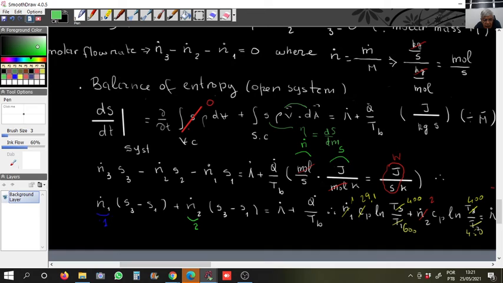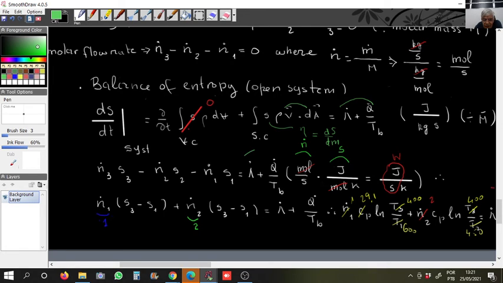Now I will apply this here. This is 0, but this is not 0. I have the right-hand side that I developed before.